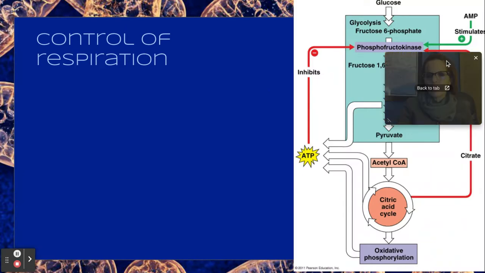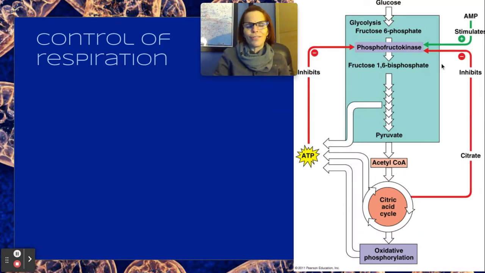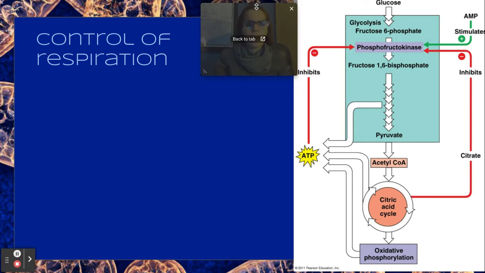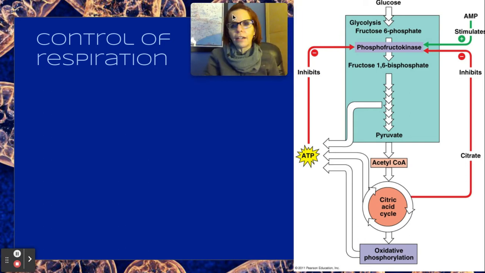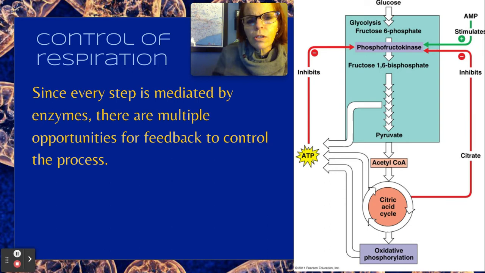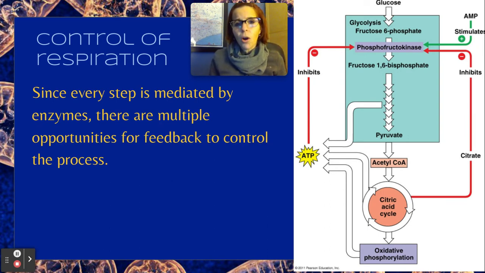Okay, and then the other thing I want you to be aware of, you totally don't need to know a thing in this diagram, but you need to be able to interpret this diagram. So it says control of respiration. We don't necessarily want to be making ATP all the time at high levels of ATP. For example, if we're not exercising, we would rather be storing that energy instead of using up that energy to make ATP molecules.